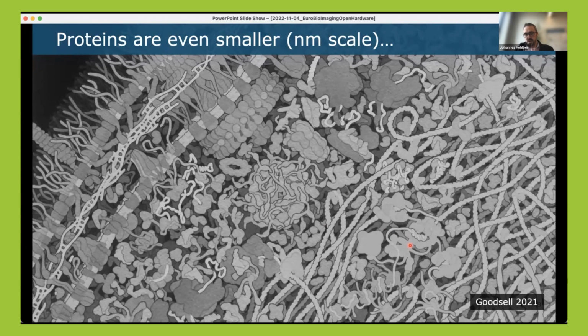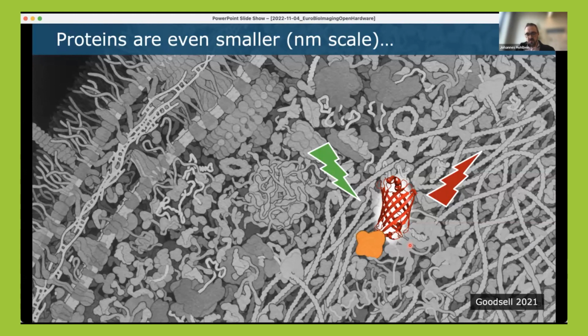Many conventional techniques like X-ray crystallography are not able to cover those dynamic aspects at all. The big breakthrough in the entire life science imaging field was the discovery of the green fluorescent protein, which for the very first time allowed you to tag any gene of interest and look at the position and the dynamics of certain proteins.